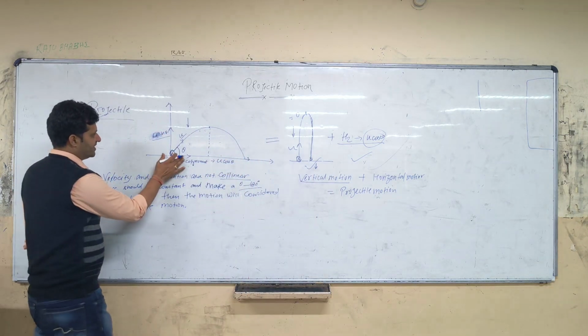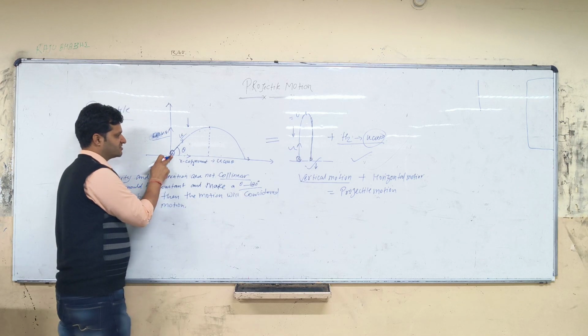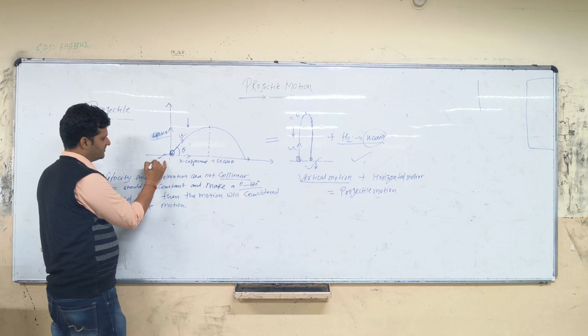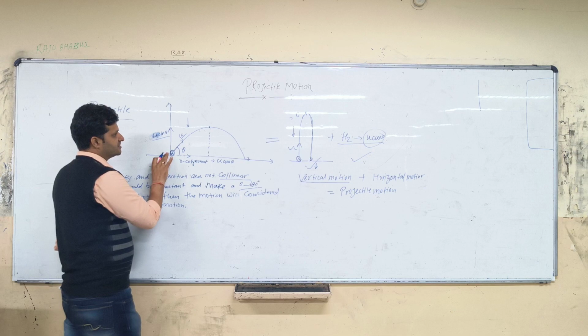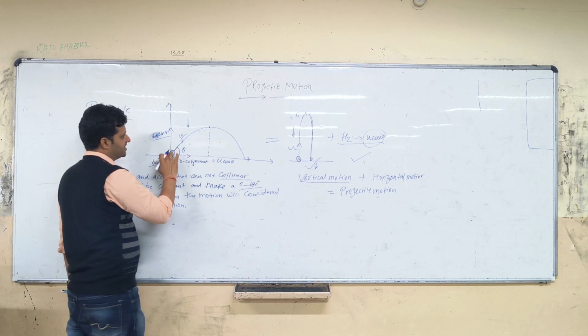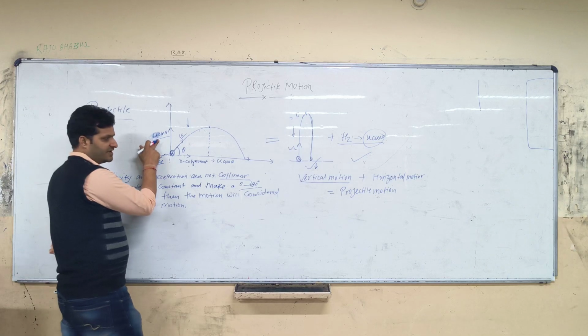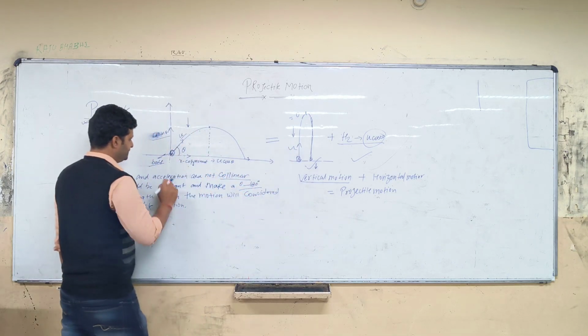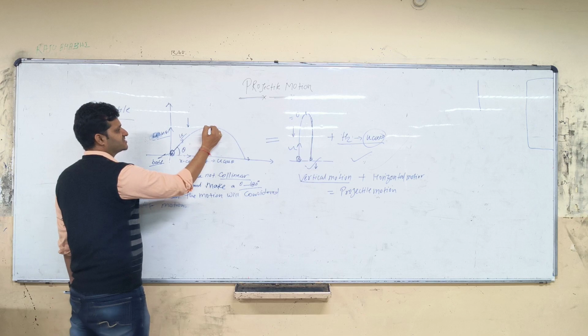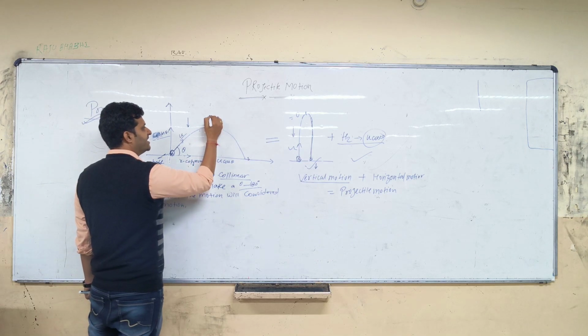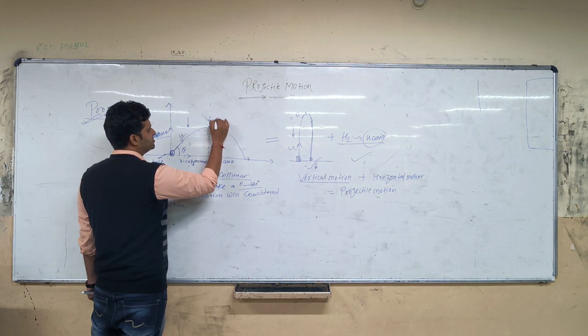Same here, when you throw this ball, at the highest point its vertical velocity decreases and becomes 0.